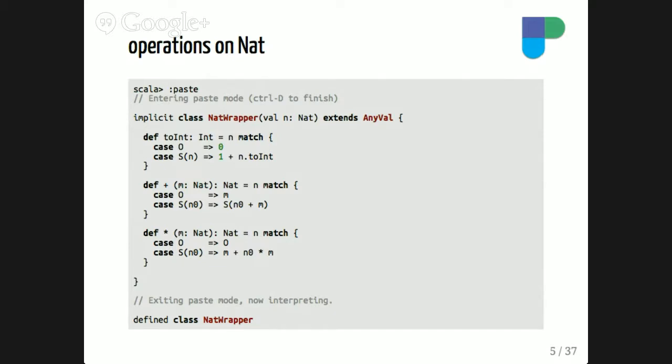The plus works like this: I try to subtract 1 from the left operand, and every time I can do that, I add it on the other side. At the end, when I reach 0 with the n, I have added everything on the right side, and I have the result of the addition. The multiplication works in a similar way. It's n times m, which is just like m plus m plus m, n times. So using the same thing, I can encode the multiplication in terms of addition.